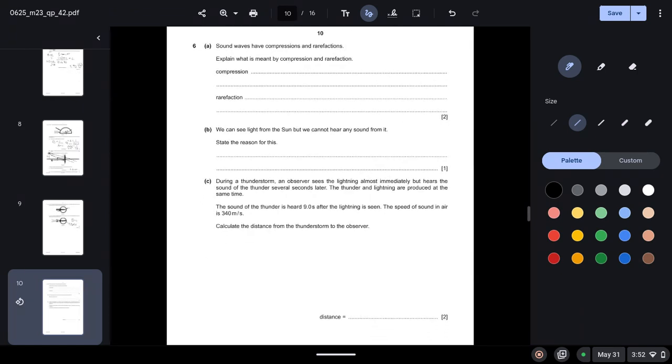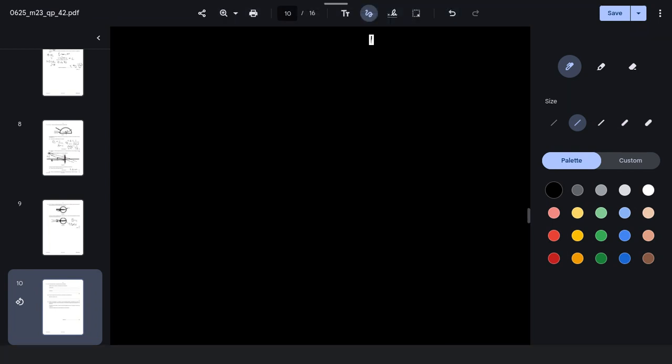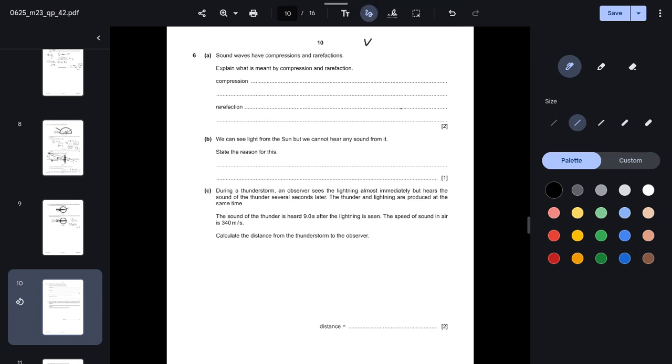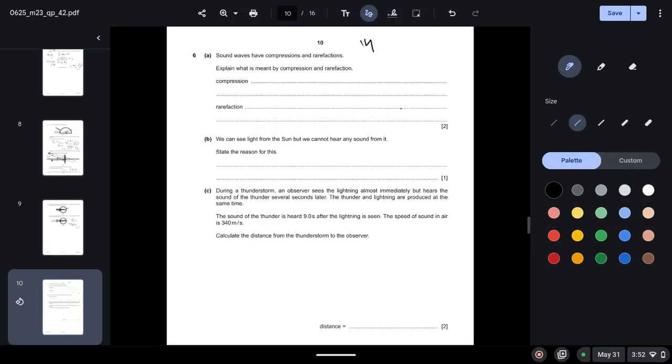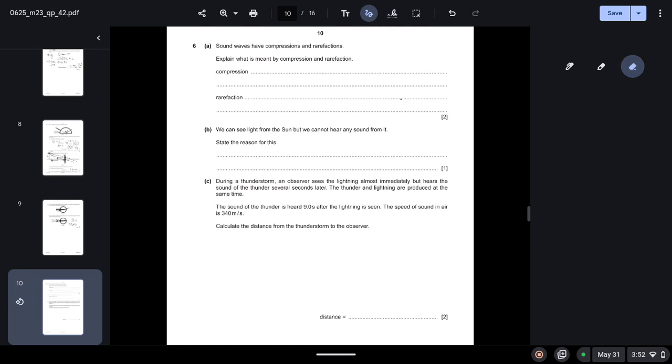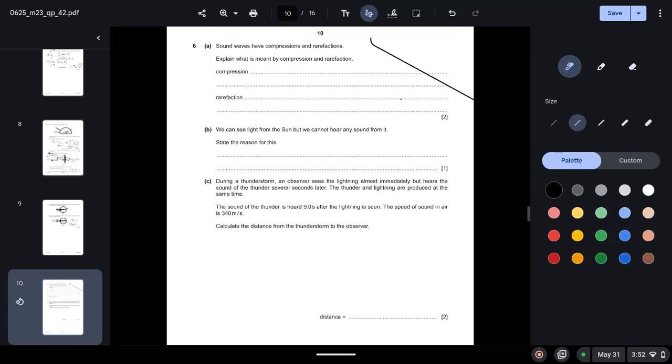Question 6. Sound waves have compressions and rarefactions. Explain what is meant by compression and rarefaction. So compression is the region where particles are closer together. So if this is the sound wave that we have, this area is a compression, and as they get further apart, this is your rarefaction.